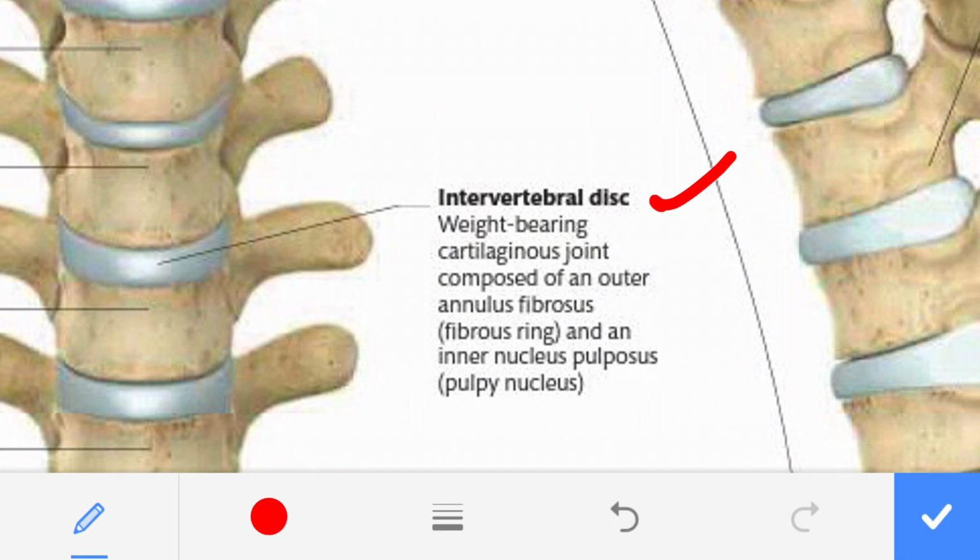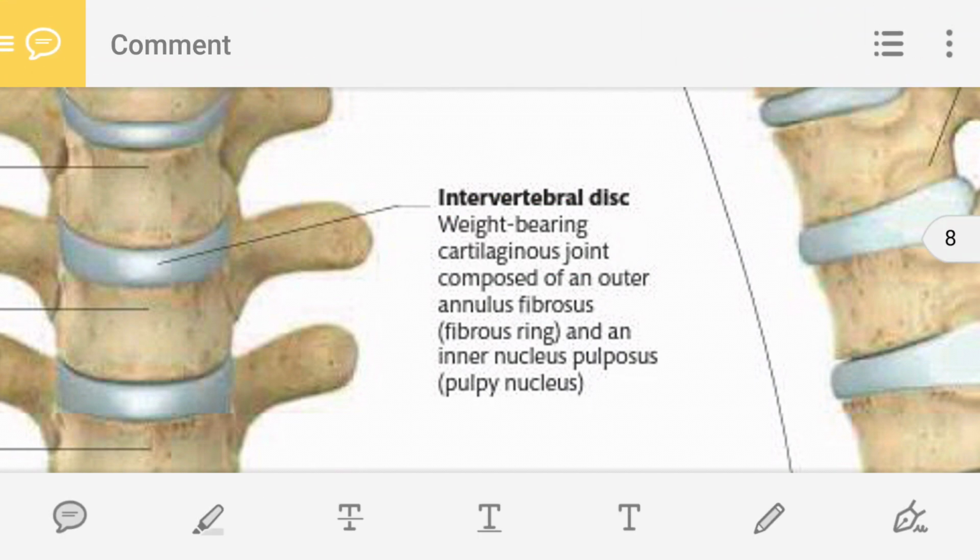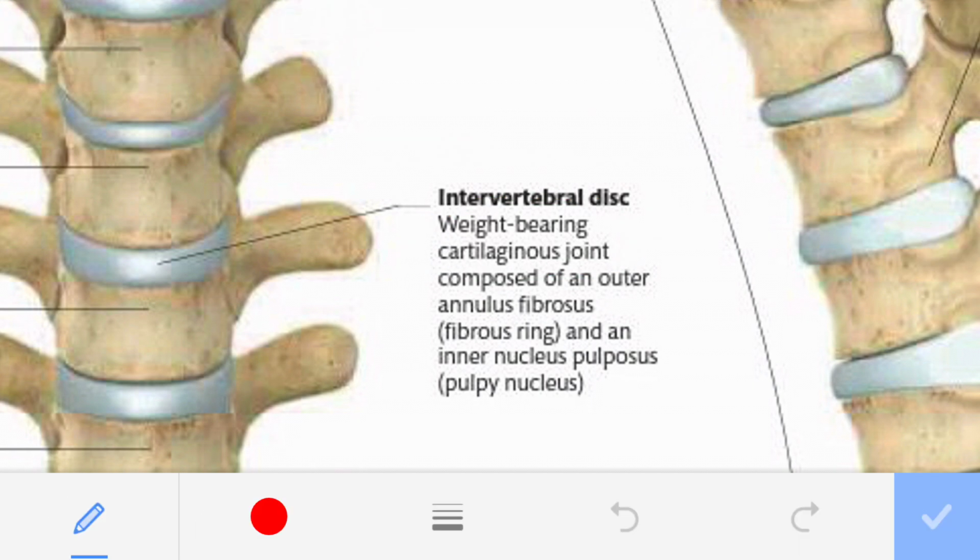Now what is this intervertebral disc? As you can see, it is written over here that it is a weight bearing cartilaginous joint. Weight bearing means basically that this is actually absorbing the shocks, or this intervertebral disc can bear the weights.